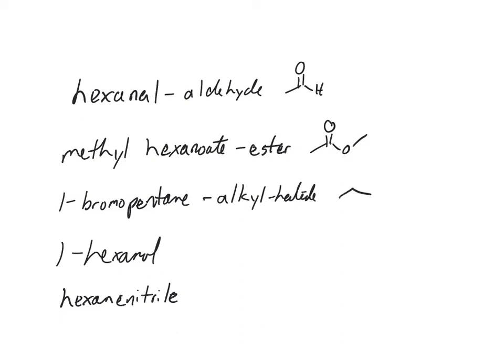So these are not the right products, I'm just drawing out basic examples. Hex means how many carbons? 6. Very good. Hexanol would just be an alcohol. And hexanenitrile, of course, would be a nitrile.